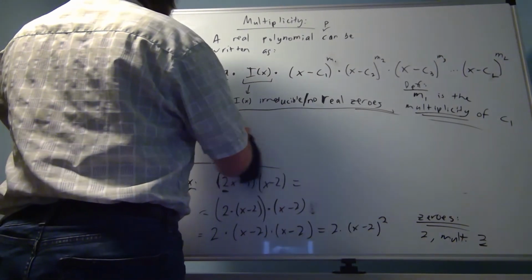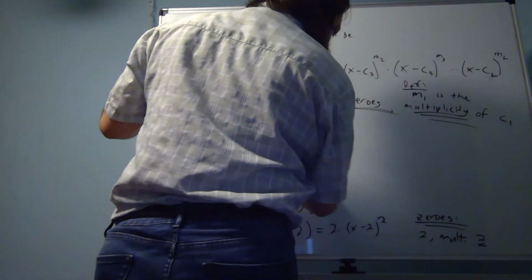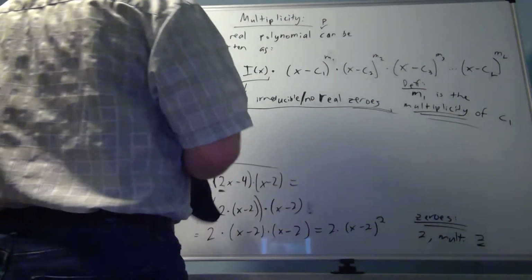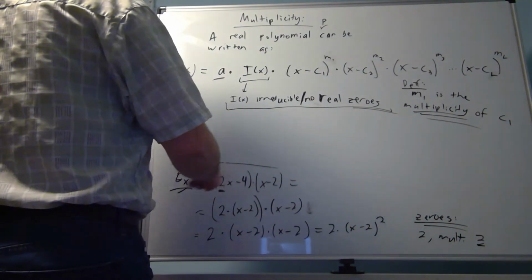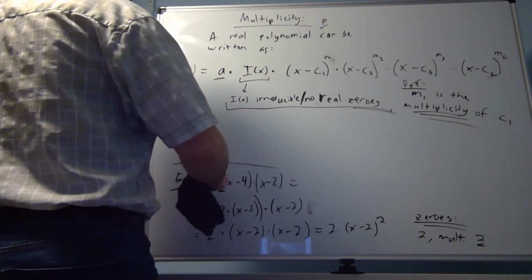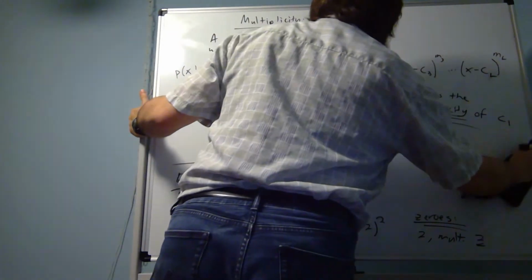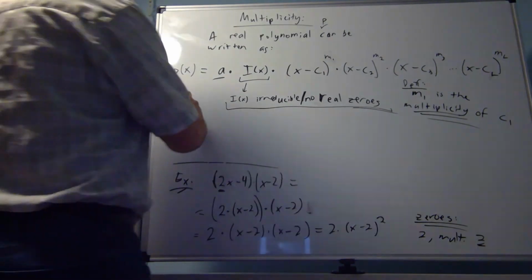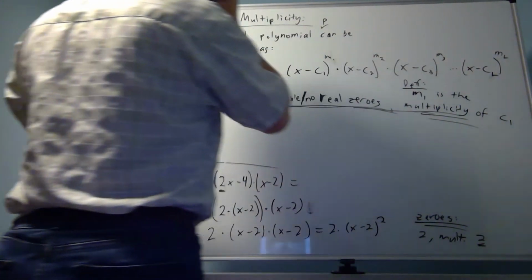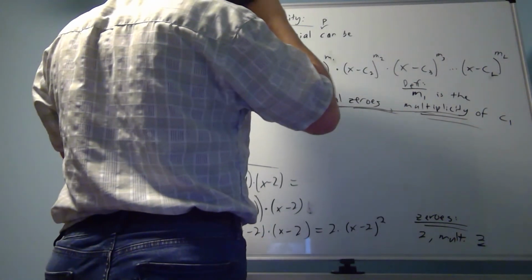I want to make sure we really understand this multiplicity, because we've kind of already said everything there is to it, but a coefficient being something other than 1 can sort of disguise things that actually have the same zero, and you want to watch out for that.